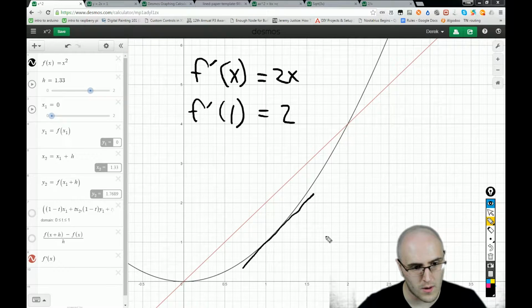And here we go over 0.5, and we go up 1, which is the slope of 2. That's approximately right.